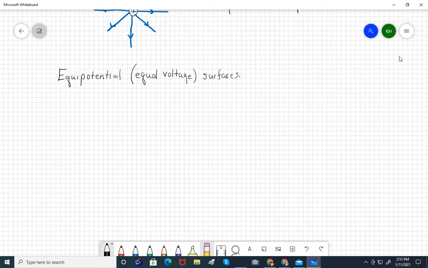An equipotential surface is a surface on which the potential is the same at every point.